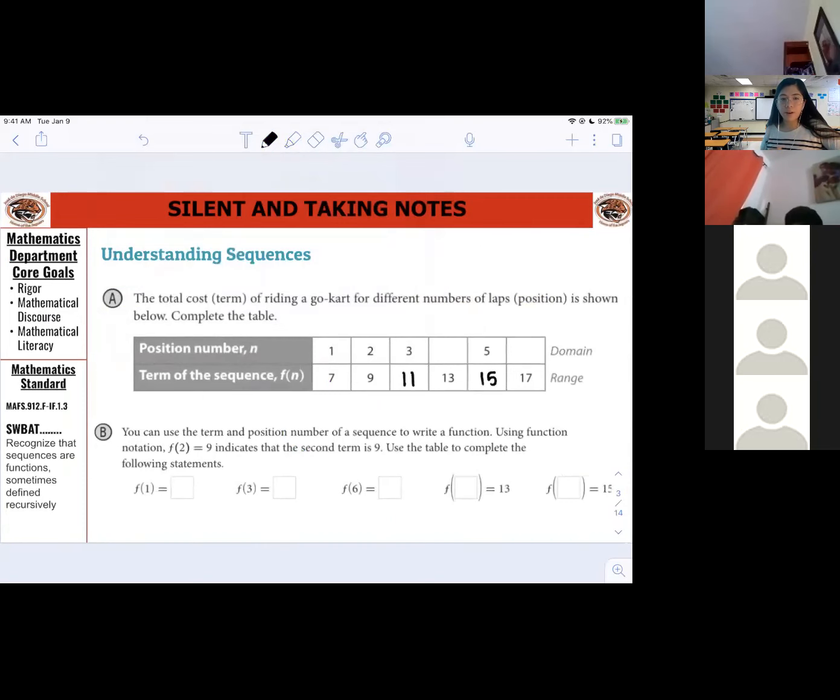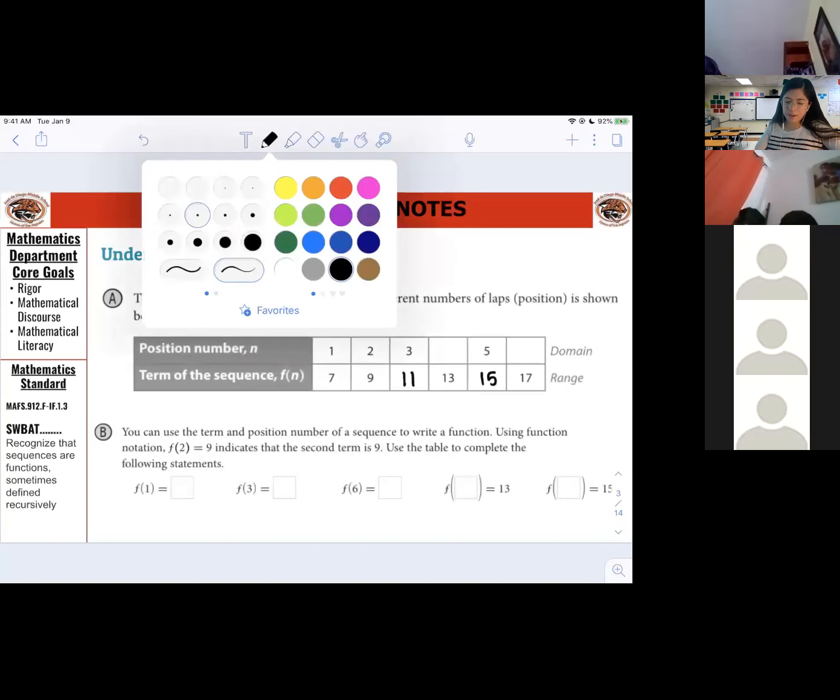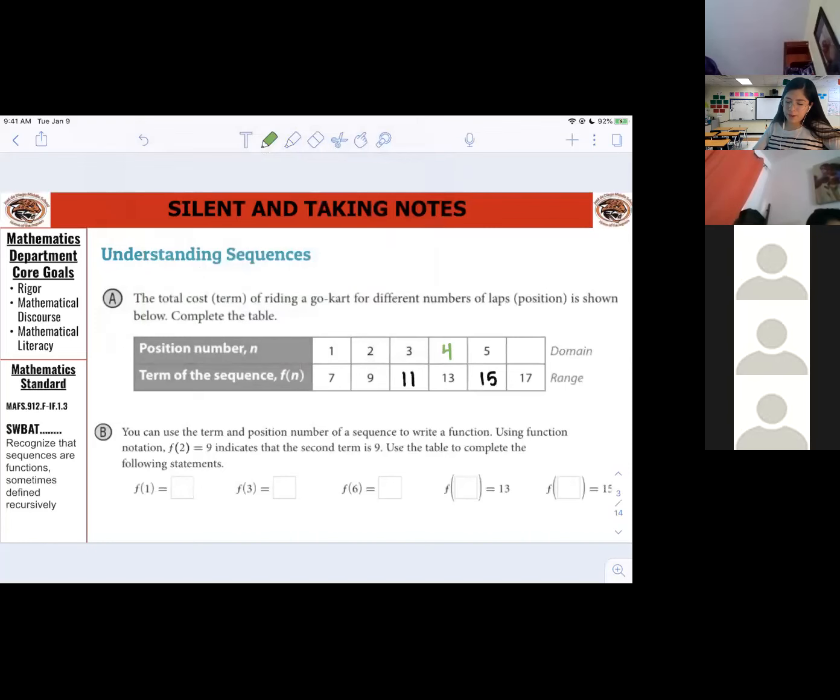And the top row, that is my position numbers. Remember how I said the number 7 is the first one, so that's position number 1. 9 is the second one, so that gets the 2. Then we have the 3, 4, 5, and 6. So this is very similar to a function. And in fact, sequences are a type of function.